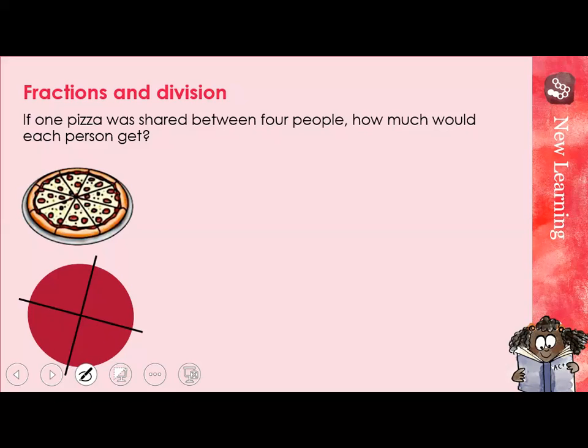If one pizza was shared between 4 people, how much would each person get? Well, I have one whole pizza and I'm dividing it by 4 people. One whole pizza divided by 4 people. And that is going to give me what answer, what fraction do I have? Well done if you were able to identify, and it's a quarter.